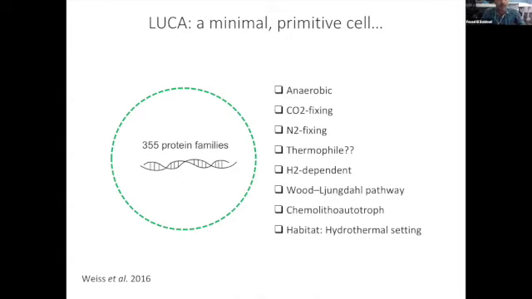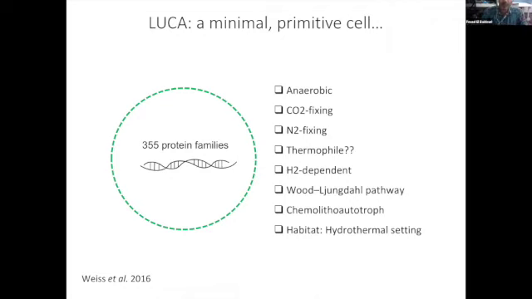However, the presence and absence of genes alone cannot tell you about the phenotype of the last universal common ancestor. So in our case, instead of using a genomic approach, we used phenotypic data and tried to reconstruct what LUCA looked like based on phenotypes.